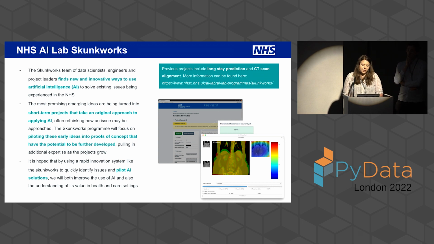The term skunkworks came from Martin in the 1940s, which looked at really short experimental projects, and that's what we do in the Skunkworks team. We focus on very small, rapid, agile experimentation, looking at direct applications with the NHS, with AI technology. We're a small team that's always trying to find innovative ways in which the AI can support existing solutions and help solve problems across the NHS.